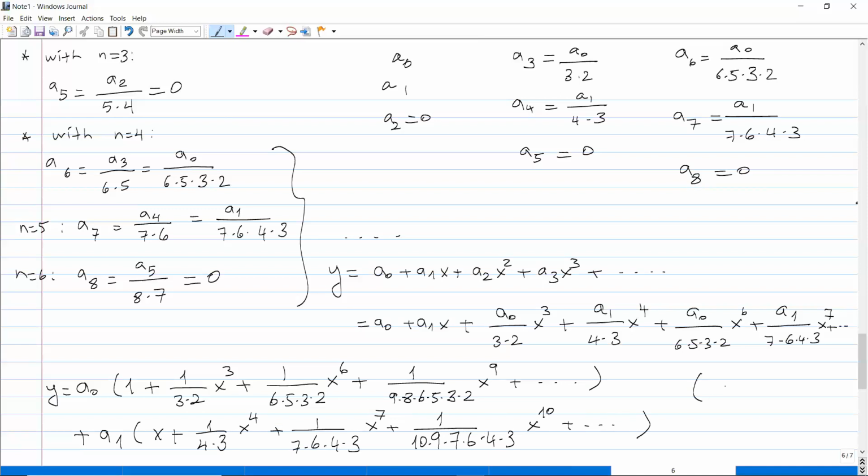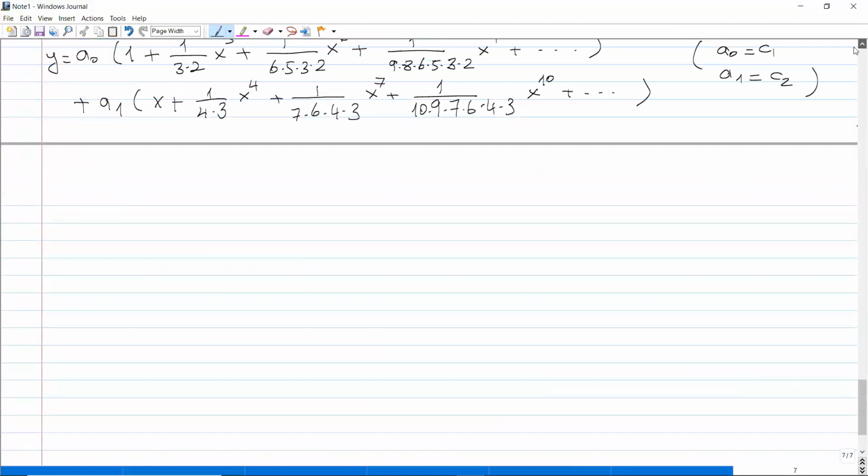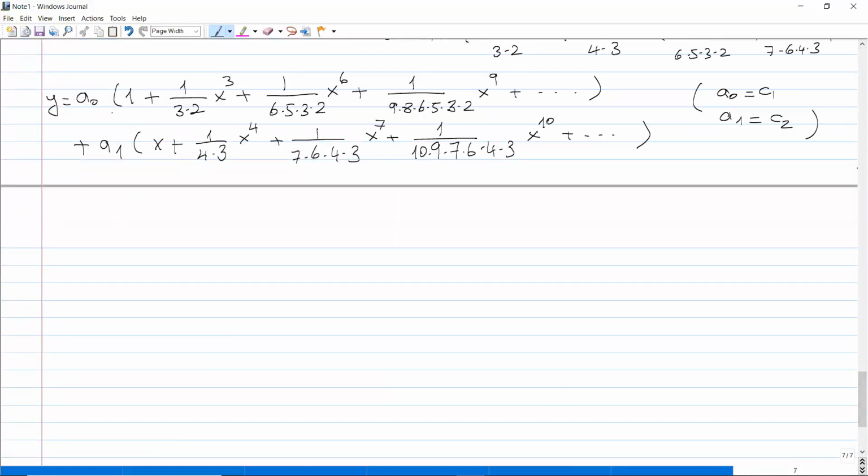So this a0 is like the constant c1, and a1 is like the constant c2 in the general solution of the differential equation. So the infinite sum in front of a0 is our first solution, 1 plus 1 over 6 x cubed plus 1 over 6 times 30, 180, I think, x to the 6, and so on.